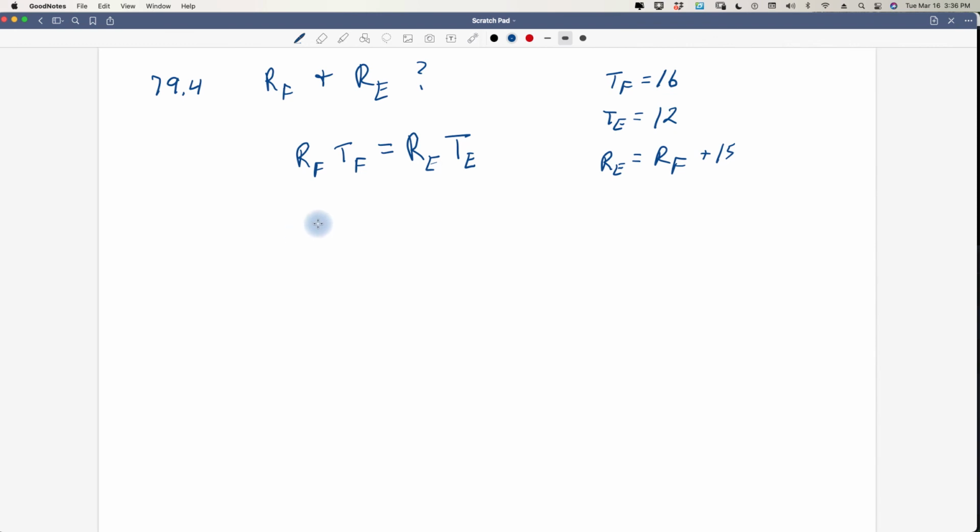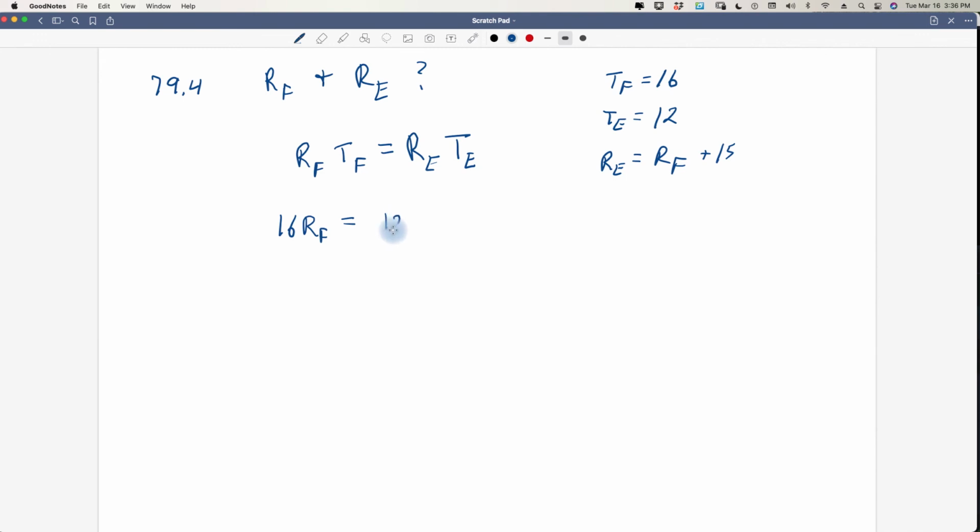All right, so let's drop in our buckets. We have R sub F times T sub F. All right, so that's 16. I'm just going to go ahead and do it like this. 16 times R sub F equals. And we have R sub E, which is R sub F plus 15, times T sub E, which is 12.